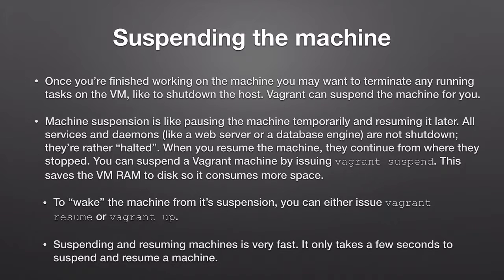When you issue the resume command, which is vagrant resume or vagrant up, it will wake the machine from its suspension, and suspending the machine and resuming it only takes a few seconds. This is the fastest way to quickly shut down the machine. Actually, it's not a complete shutdown, it's just a pause period, and resume it back.